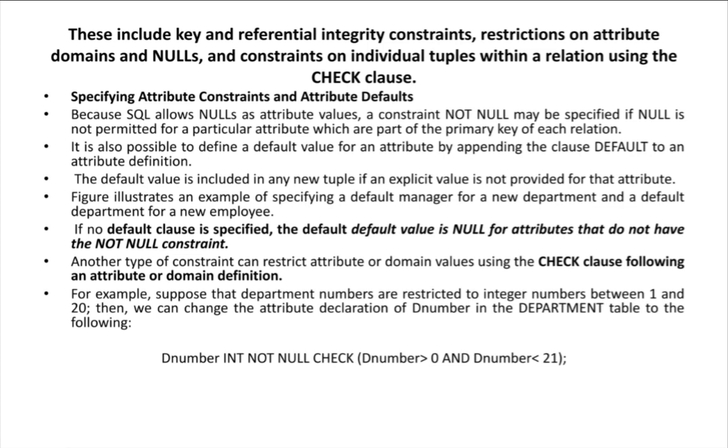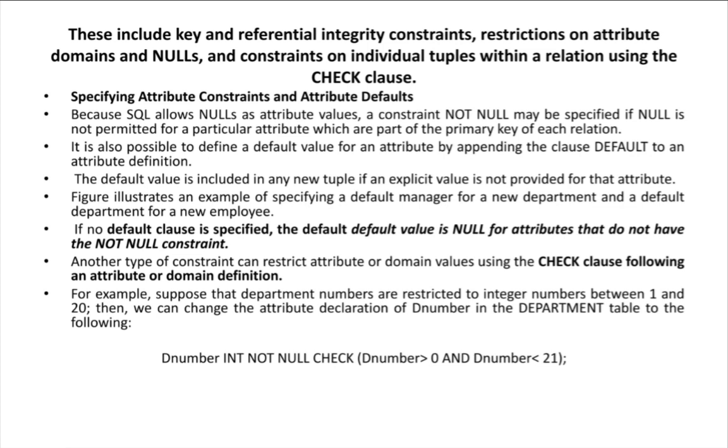For example, for a student table, job attribute is not applicable because the student is still studying, is not working. There, if you include the job attribute, it is not applicable to the student. That's why you can use null in the column job for a student table. SQL allows null as attribute values. If it is not applicable, you can use null.